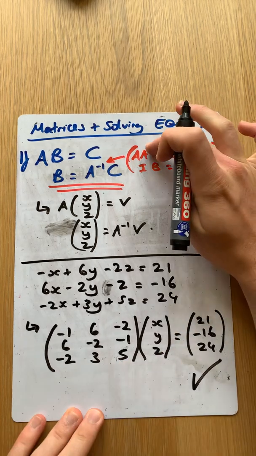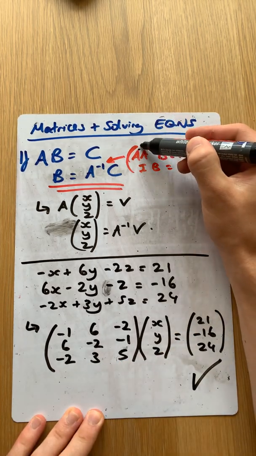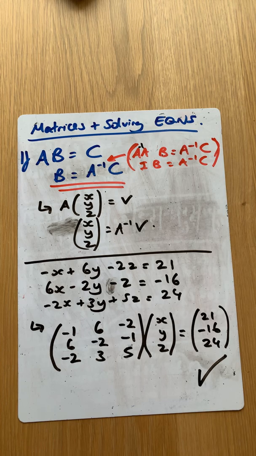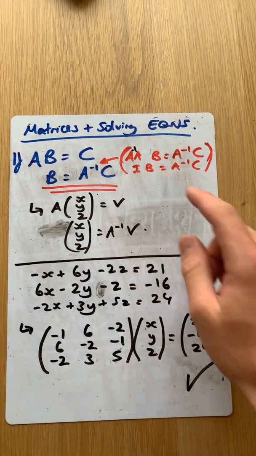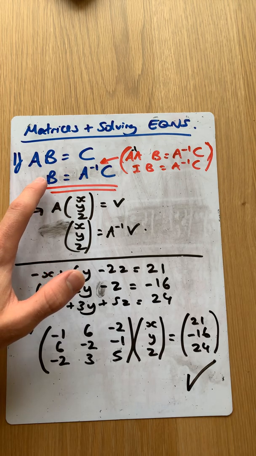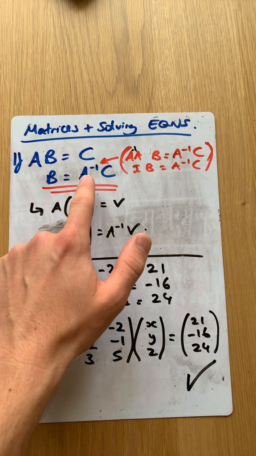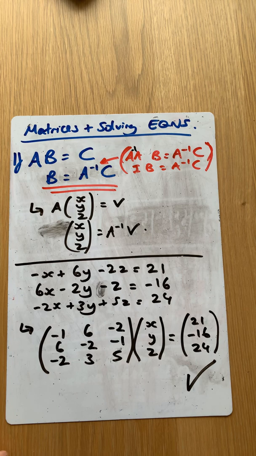Sorry, actually that should be A to the minus 1A B equals A to the minus 1C. Obviously, once A to the minus 1A is the identity matrix, that is just B, isn't it? Okay, so having got B on its own, we've got the inverse of A multiplied by C.